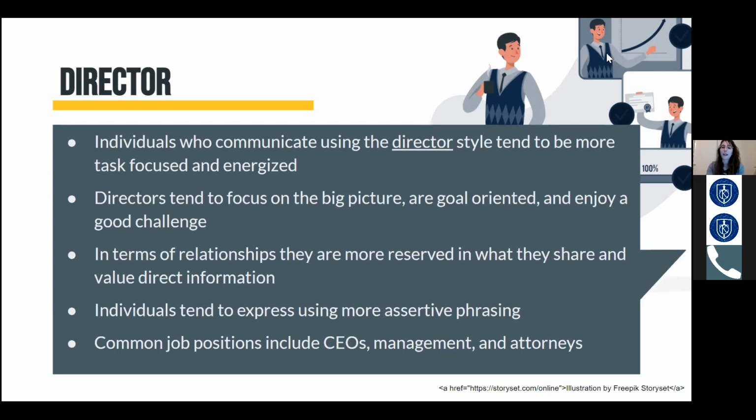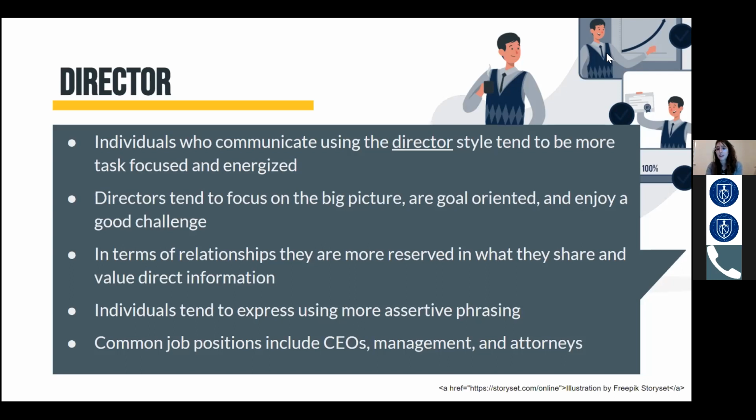You don't want to be conversational based. Individuals who use more assertive phrasing, people who communicate directly in the director form of communication, come off as more assertive with what they're talking about and what they're asking.